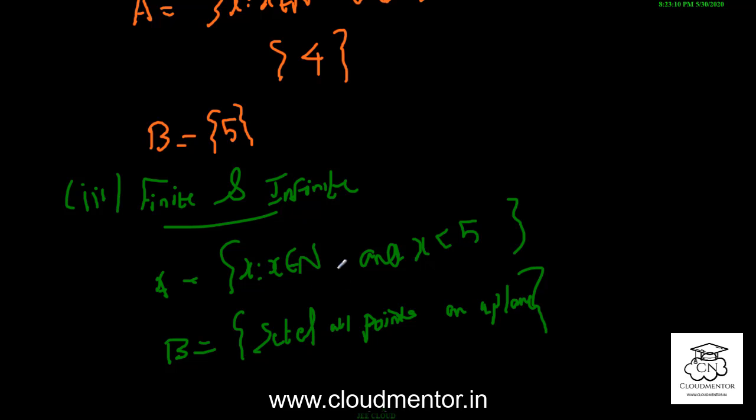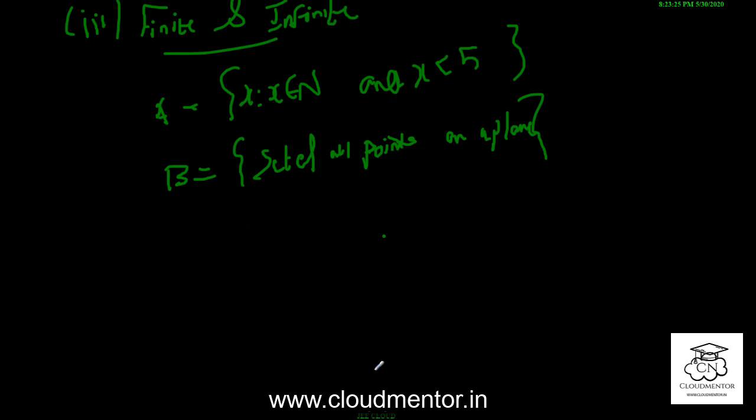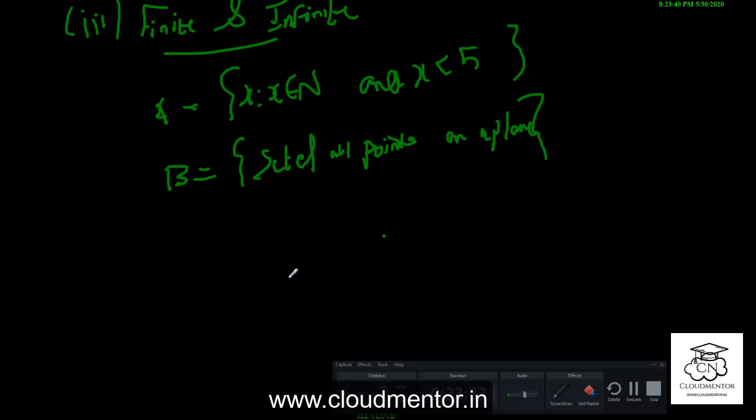In these two sets A and B, set A is finite while set B is infinite, since in a plane any number of points are possible, so that is an infinite set.